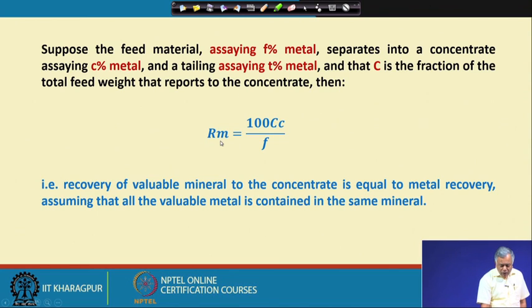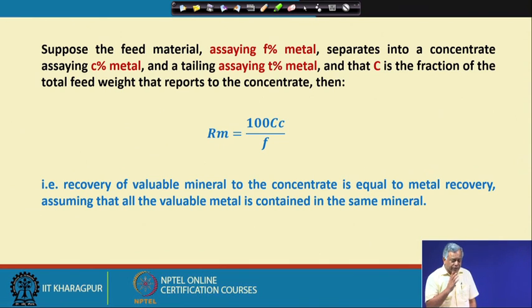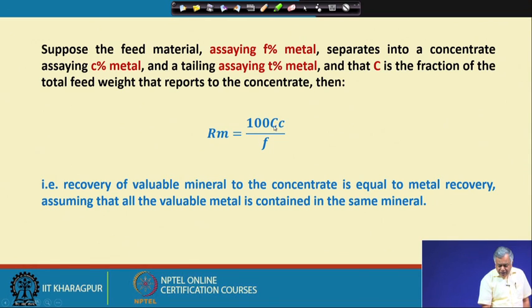Then what will be the Rm? Rm, I said, is the recovery of your valuable mineral into the concentrate. So, C is the fraction, capital C. It is 0.2, I said that you have got 100 tons and here you have got 20 tons. So the fraction 0.2 multiplied by 100, you get 20%, and that is the weight distribution.